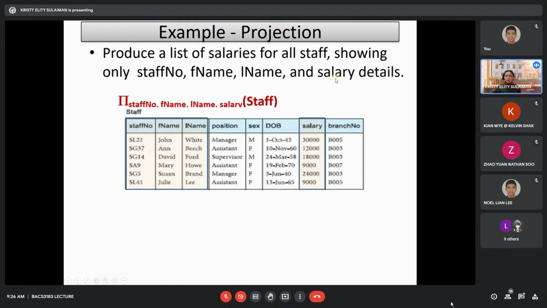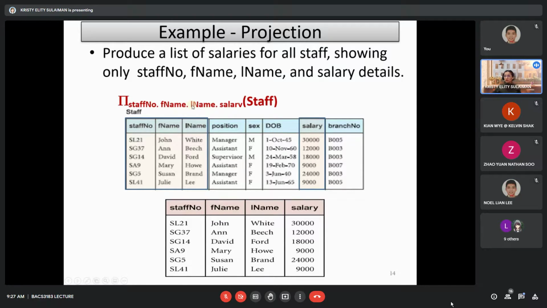The projection operation defines a relation that contains only the designated attributes of staff number, first name, last name, and salary in this specified order.